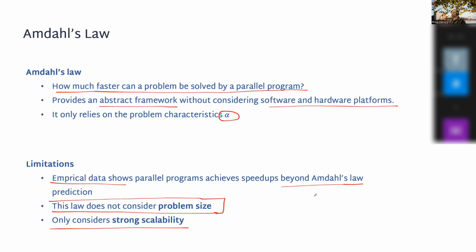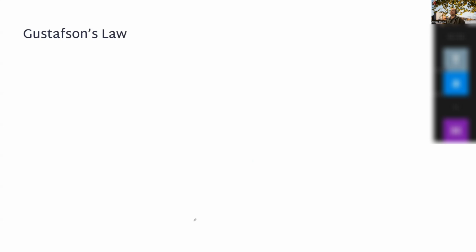And as I showed in that image processing example, if your problem is large enough, then your speedup is going to be substantial compared to what Amdahl's law and strong scalability predict. And this variable problem size is encapsulated in another law called Gustafson's law.